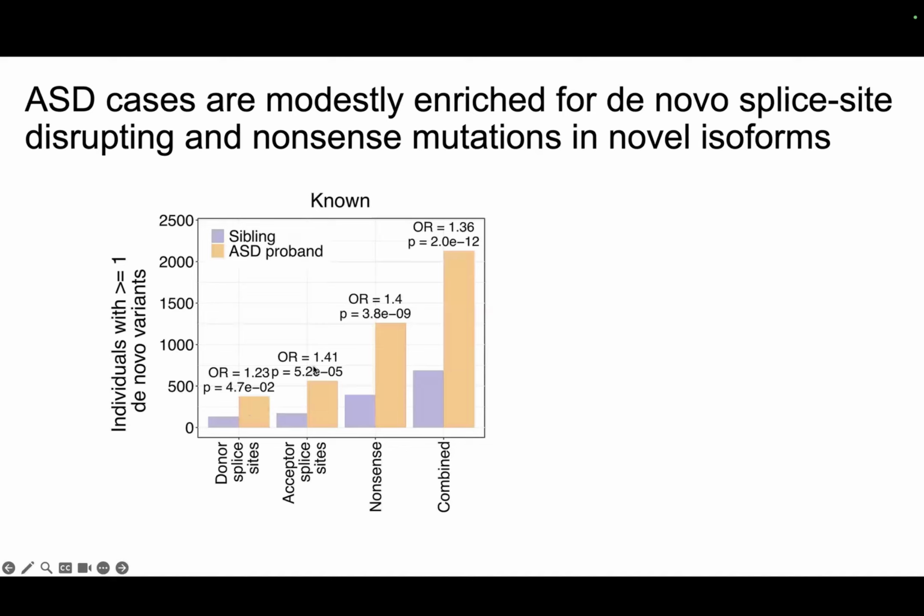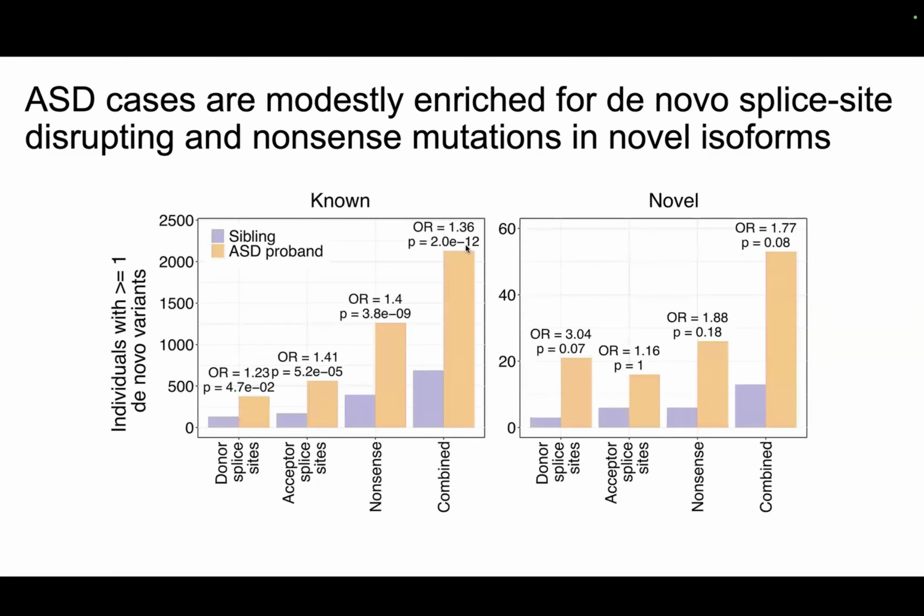And so we have increased odds of having ASD if you have mutations that impact the donor splice sites, acceptor splice sites, or mutations that cause nonsense mutations, so basically stop-gain mutations in known isoforms. When you combine all these together, you have very significant enrichment. Having these kinds of mutations strongly enriches individuals for having ASD when you're looking at de novo variants. So these are variants that are just present in the ASD siblings and are not present in their parents.